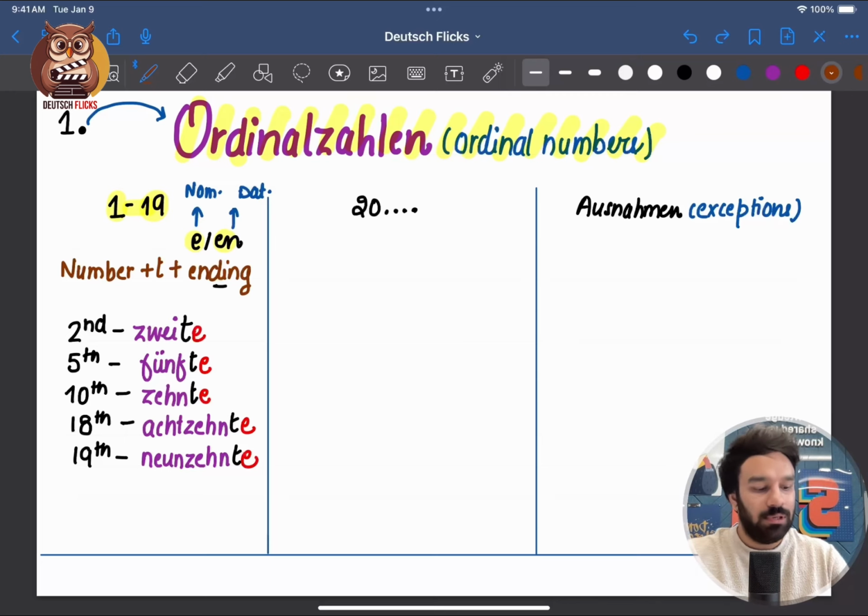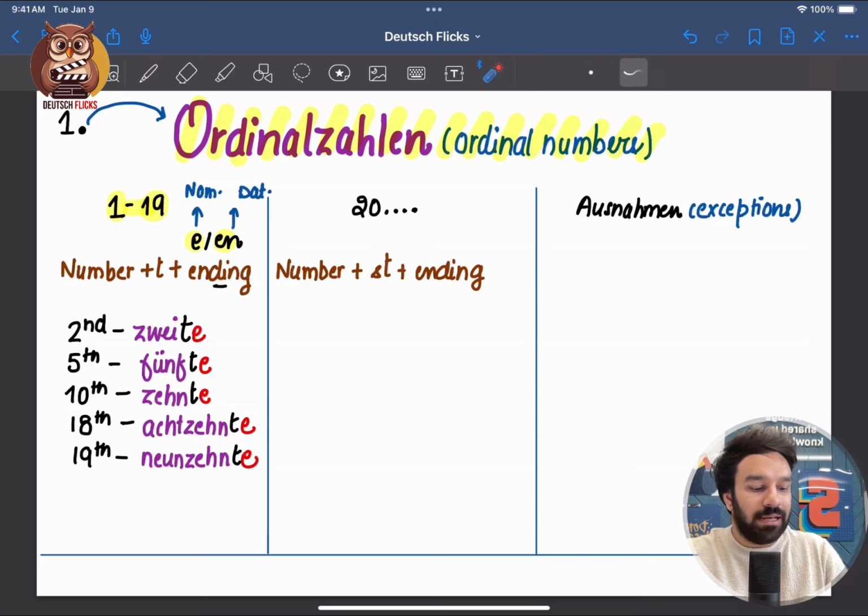Now coming to numbers above 19, so starting from 20, they follow this rule. You have to again take the number, but this time instead of t you have to add st, and then there will be some ending. Again, the ending will be e or en. On this page, let's take only e for now. So if someone asks you, let's say, what is fifth, simply say fünfte. Don't say fünften. I'll tell you when we have to use this en as an ending. Okay, so let's take 20 as an example. 20th.